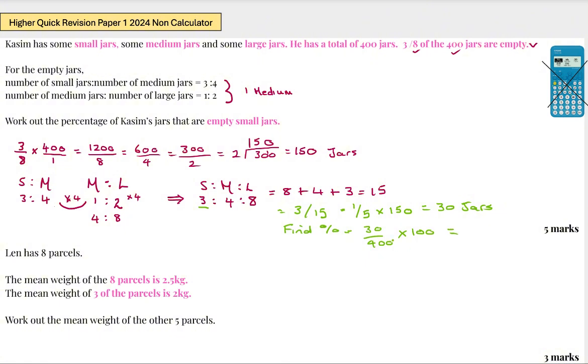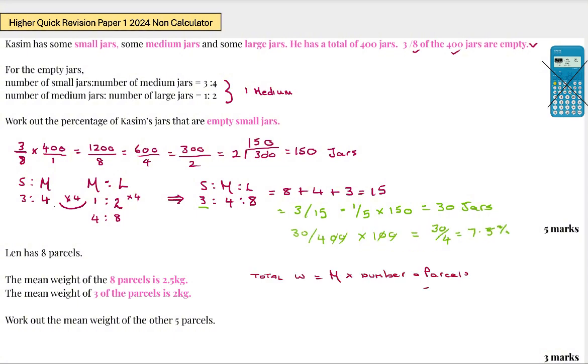And then I've just cancelled those out. And it becomes 30 over 4, which is 7.5%.